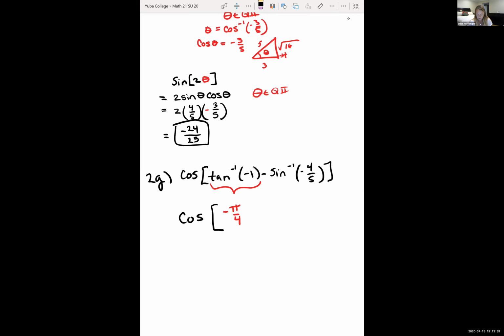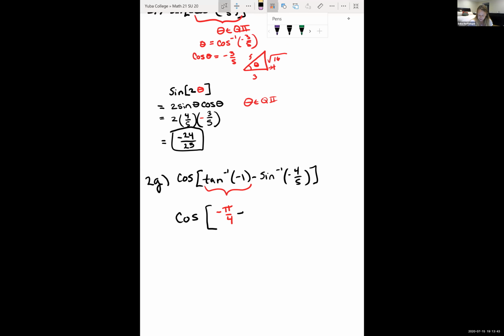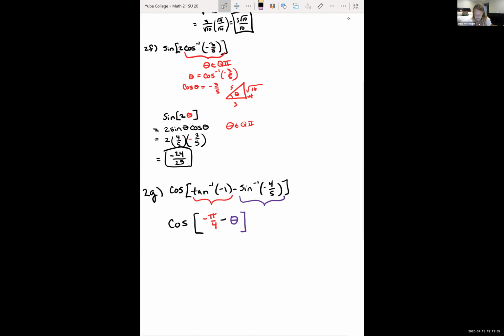minus, well, I don't know what sine inverse of -4/5 is, so let's call this theta. We're going to let theta equal the sine inverse of -4/5.